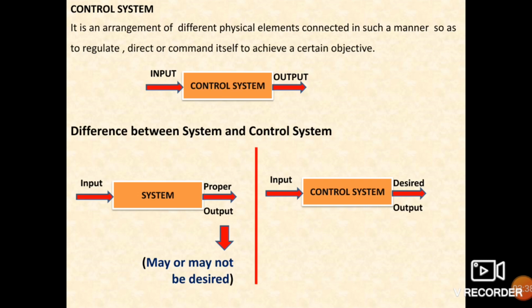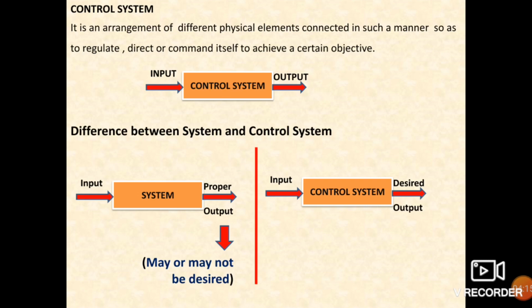If you take an electric heater, we'll have a heating element, which is the major component of an electric water heater, and associated with that we'll have some insulation and some other components. There's a water inlet, water outlet, and the container inside the electric water heater. So all these are different physical elements available within this electric water heater. Here I have taken the electric water heater as an example of a control system to explain this definition for you.